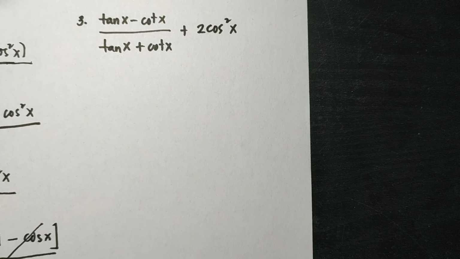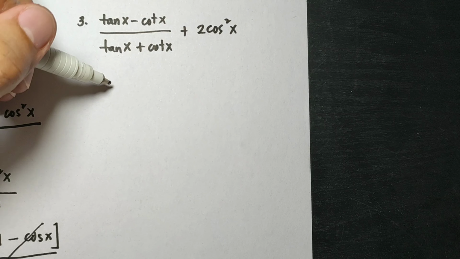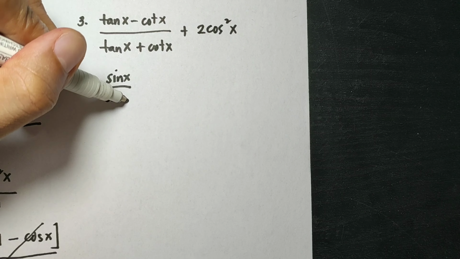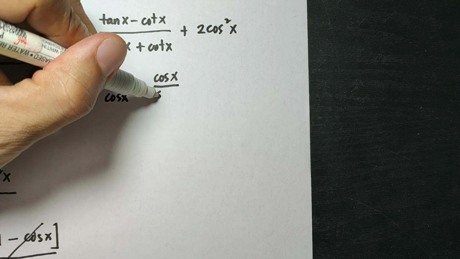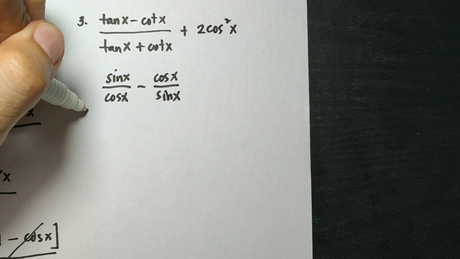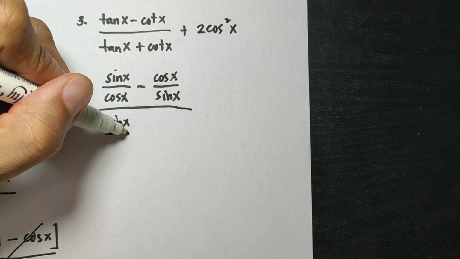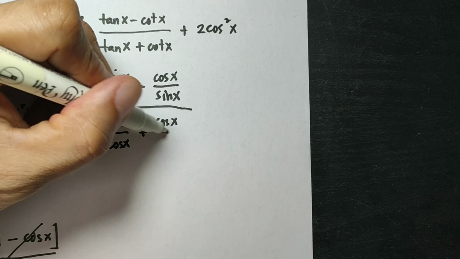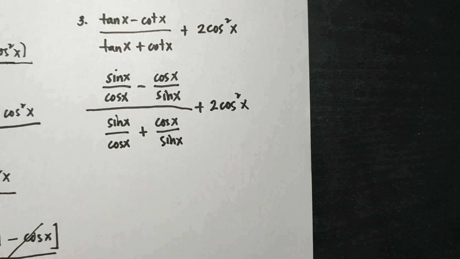So using the quotient identities, we have tangent function is equivalent to sine x over cosine x, and the cotangent is cosine x over sine x. So we will do the same thing on the denominator, which is sine x over cosine x plus cosine x over sine x plus the 2 cosine square of x.